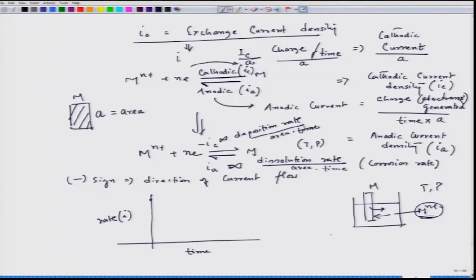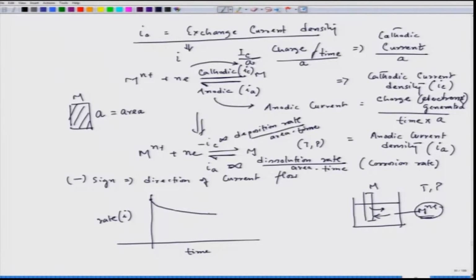The metal ion will form from the metal surface, and these two opposing processes will try to equilibrate, or reach a particular rate where the rate of deposition and the rate of dissolution are equal. So, initially this is the rate, let us say IC, and I am putting a minus sign because I am considering the direction of flow of that current, and it is a deposition.